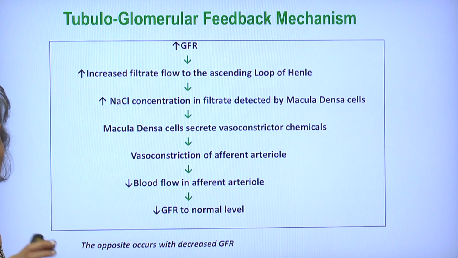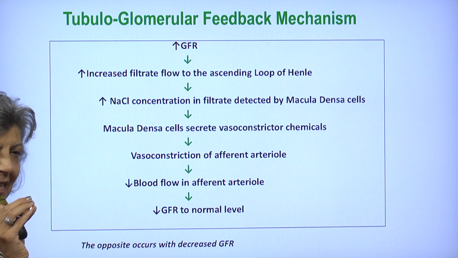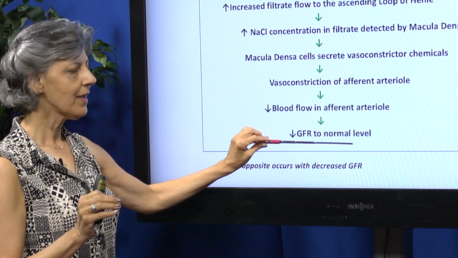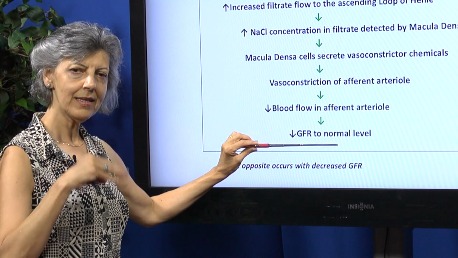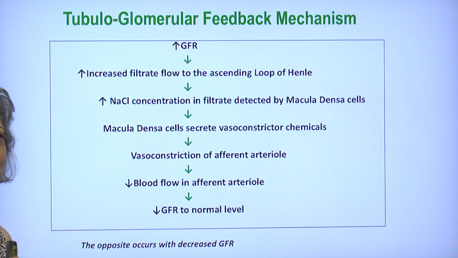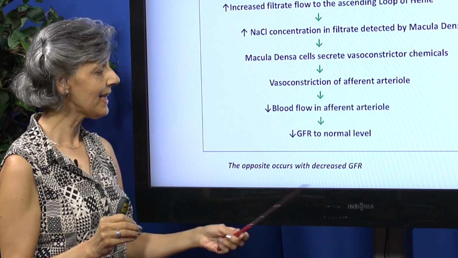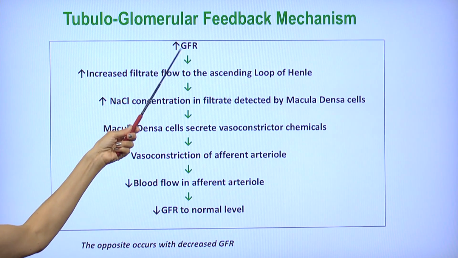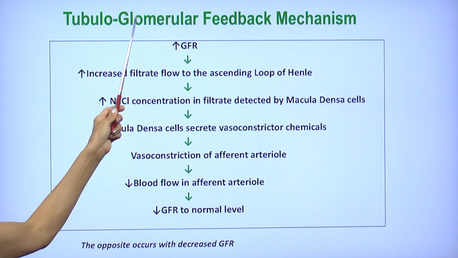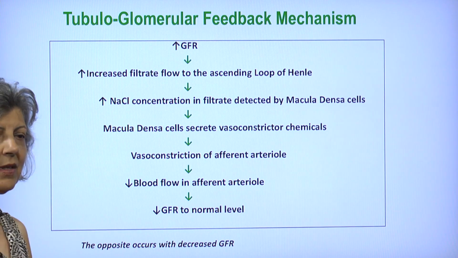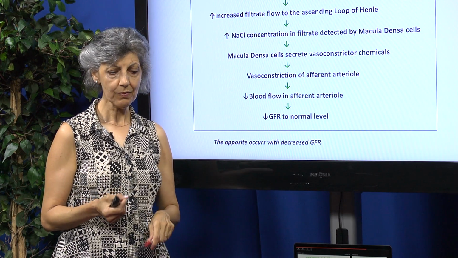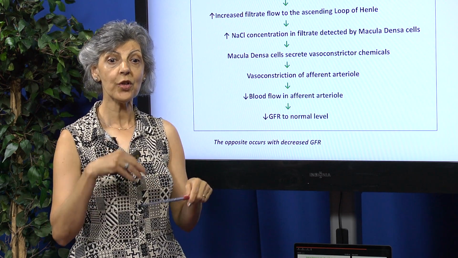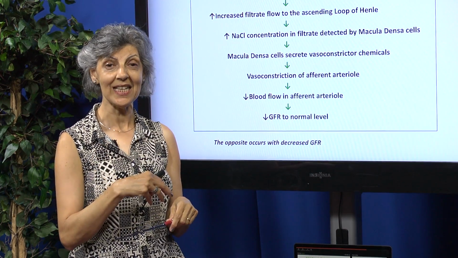These will constrict the afferent arteriole just a little, so as to decrease the blood flow and bring the glomerular filtration rate a little lower back to the normal. Again, the exact opposite will occur if there is decreased glomerular filtration. The feedback will be able to increase it back to the norm. So this is the first big component that we call the autoregulation that occurs by the kidney in the kidney.